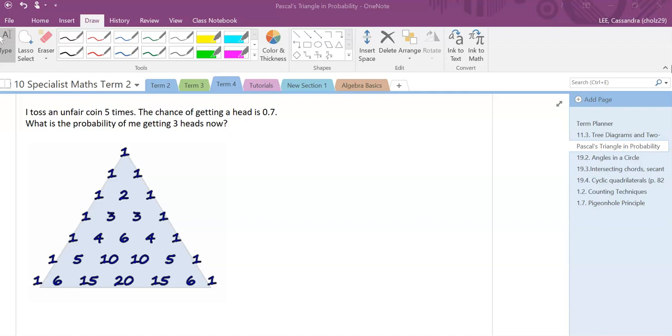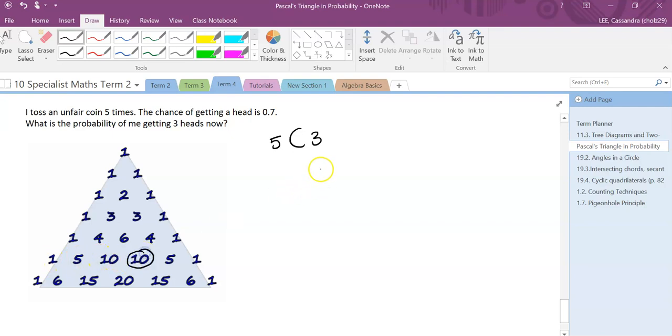We're still going to use the same process as before. So we're looking for 5 total trials with 3 successes. And we're going to count along 0, 1, 2, 3, 4, 5. Then we're going to count along 0, 1, 2, 3.